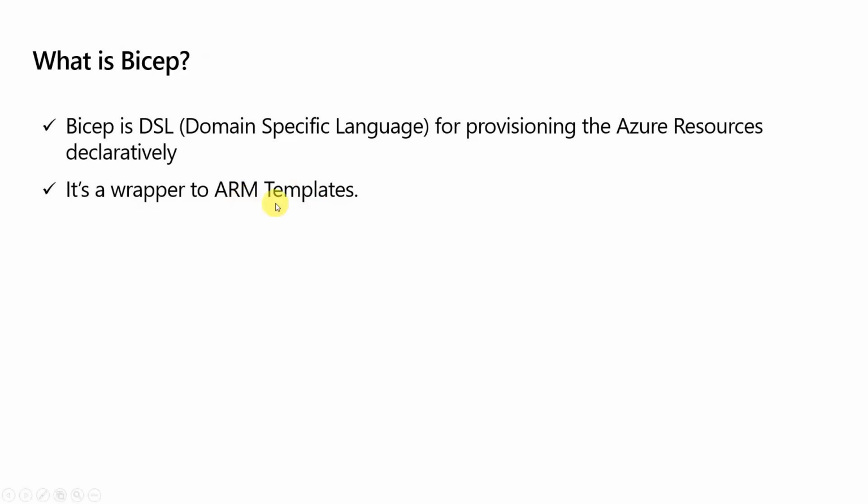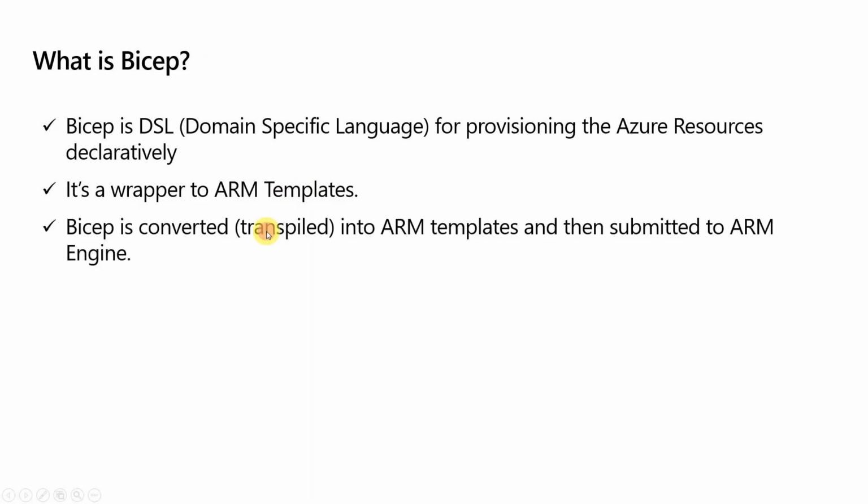So this process is called transpilation. So whenever we write Bicep code and submit it, it is transpiled into ARM templates and finally submitted to Azure. When I say Azure, it's the ARM engine. ARM means Azure Resource Manager engine, basically a component in the cloud which creates Azure resources.